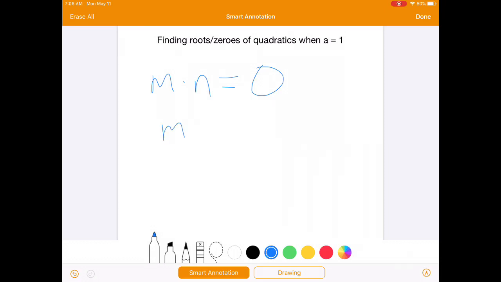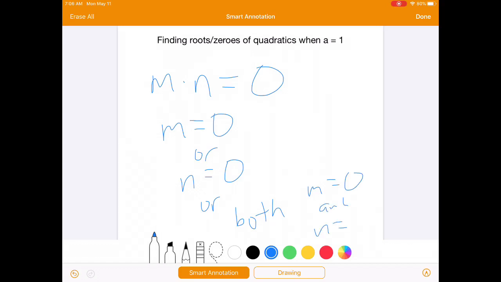Either m has to equal 0, or n has to equal 0, or both m equals 0 and n equals 0. That's really the only way that we can multiply two numbers and get 0. So this idea of finding roots, or when something equals 0, means we're looking at the product of two numbers equaling 0, and the only way that's possible is if one or both of them equals 0.